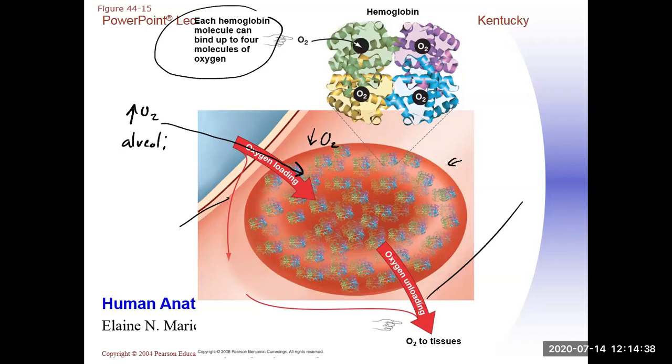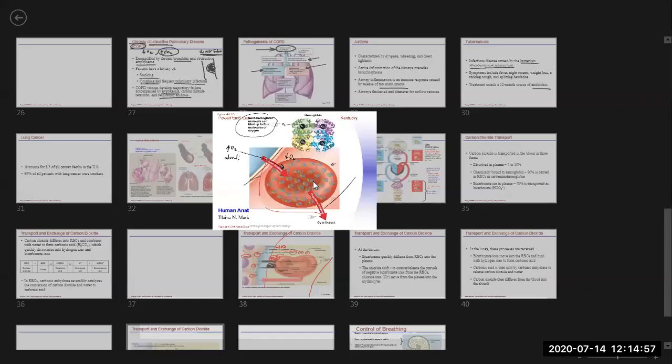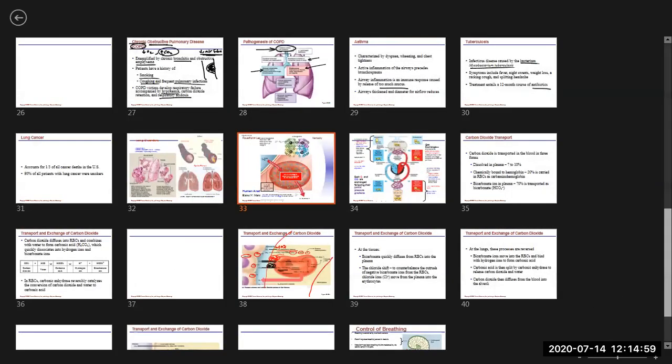So it's pretty straightforward. When you're coming towards the tissue, the opposite will happen. In other words, now you have a lot of oxygen in the capillary, and then in the tissues you have a low amount of oxygen. So basically, it's going to look like this.